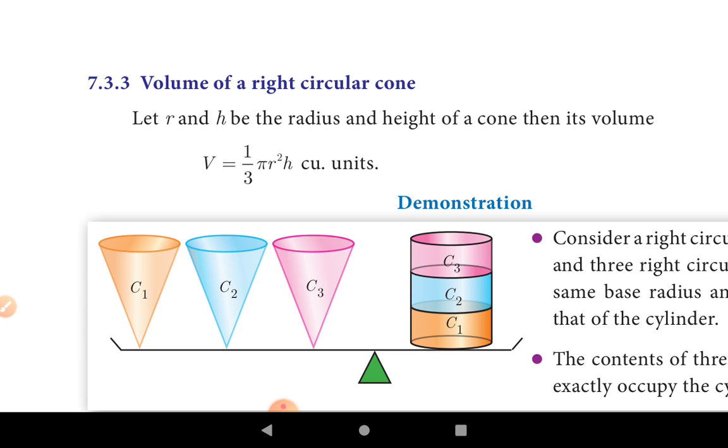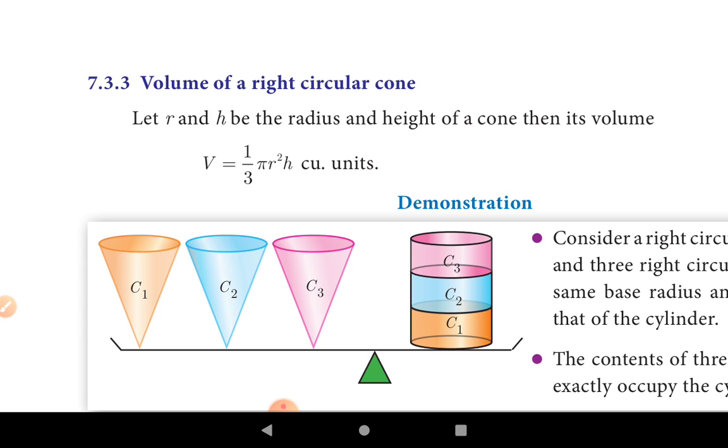Just imagine you're going to the kirana store and buying some kerosene. You have a can in the shape of a right circular cylinder, and the measurement of liters is in this cone shape, right?